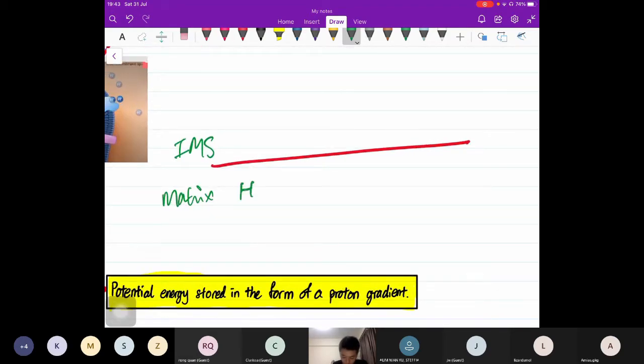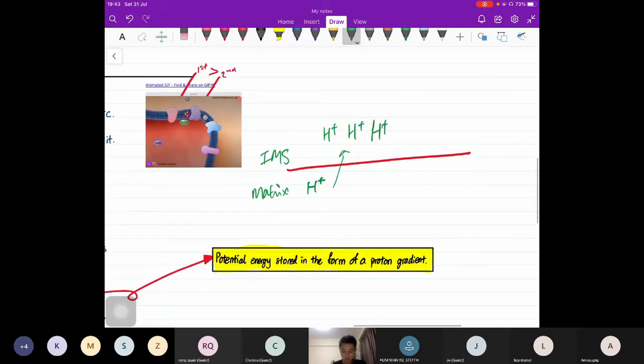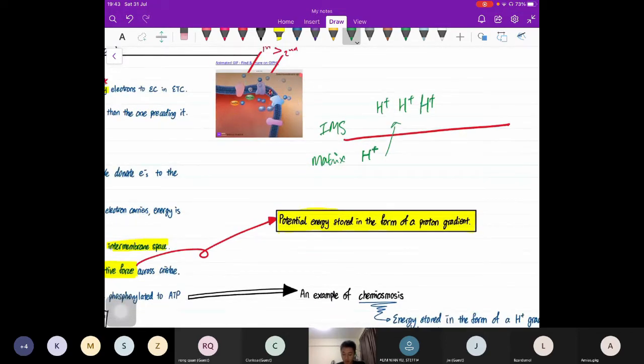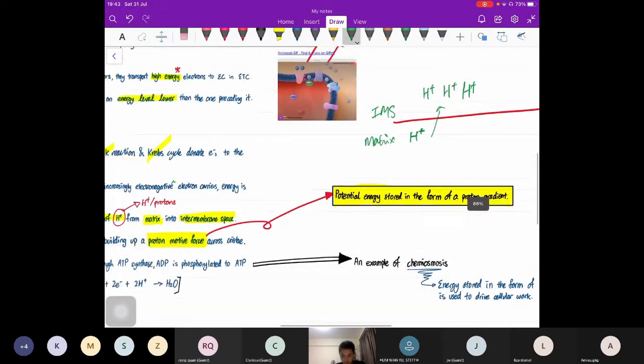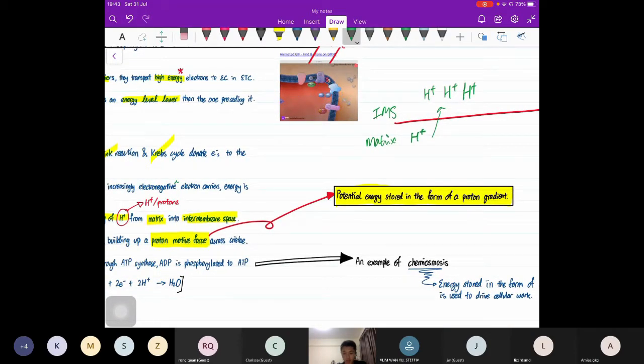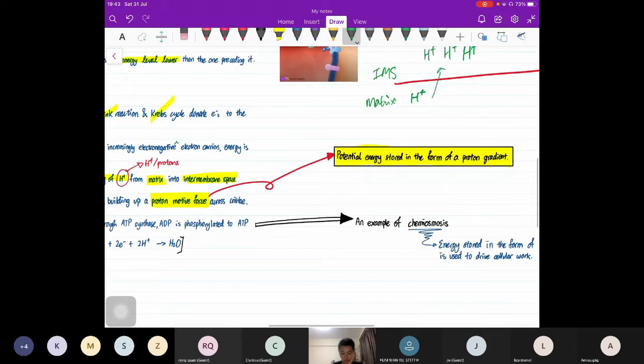So your H plus moves from here to there, so we have more H plus here. That's why there is a gradient, because the IMS has greater concentrations of protons than your matrix does. And that proton gradient has energy stored in the form of potential energy, which is your proton motive force.